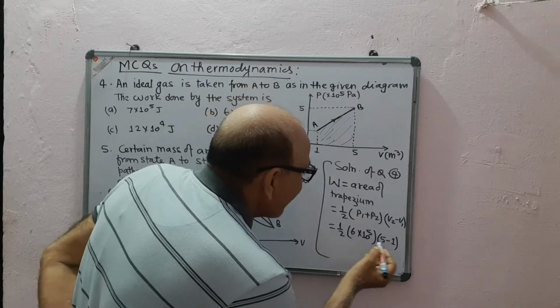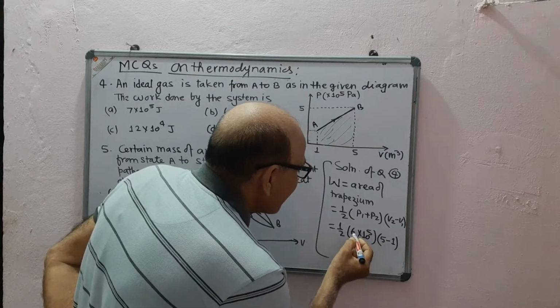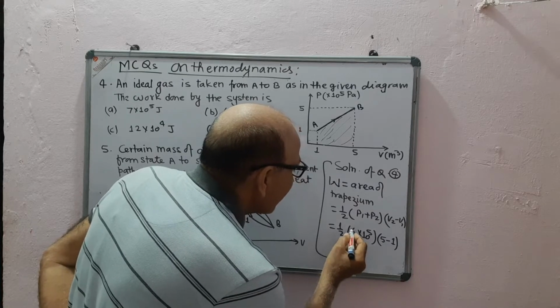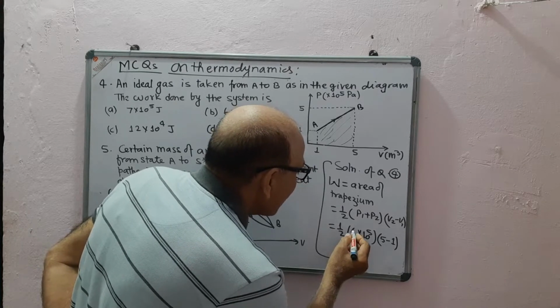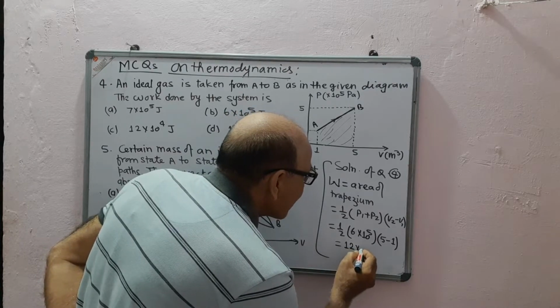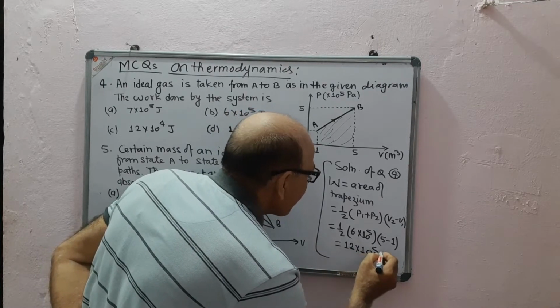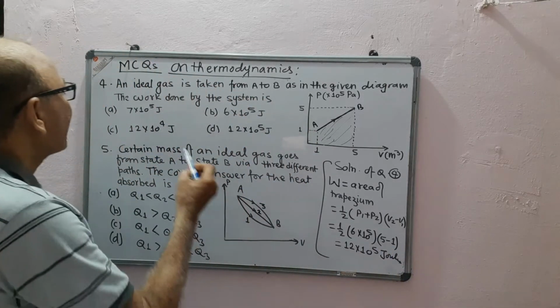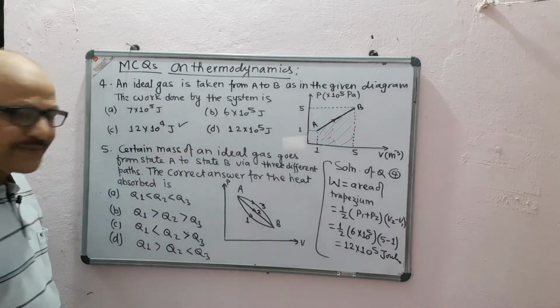So this is 4 upon 2 and 2, and this is 12 into 10 to power 5 joules. So, the correct answer will be this one.